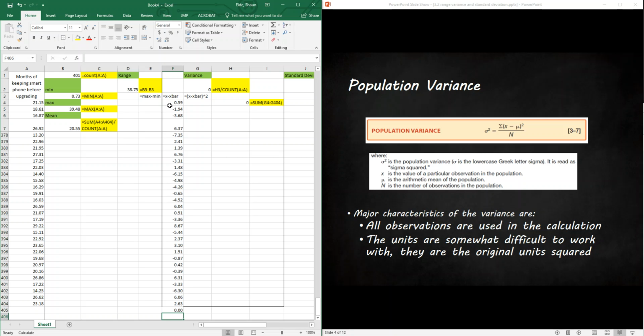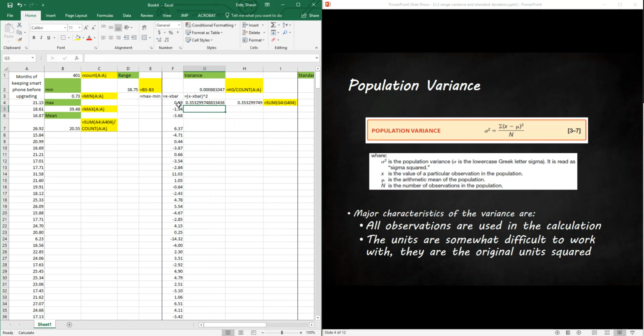Some are below the mean and some are above the mean, so if you add them all up, it should equal 0, because the mean is the average of all of them. That doesn't really help us too much. What will help is to square these distances from the mean.